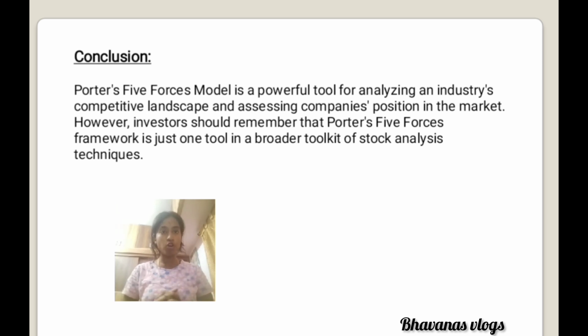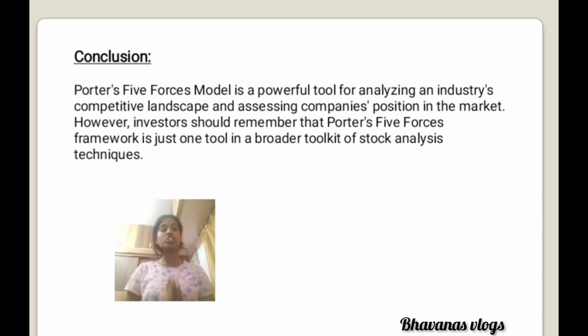The Porter's 5 forces model is a very powerful tool for analyzing an industry's competitive landscape and assessing the company's position in the market. While analyzing, it is helpful, and to know the company's position it is also helpful in the business or in the industry. And however, it is also useful for investment, framework and stock analysis; all the technical analysis can be done using the Porter's 5 forces model.